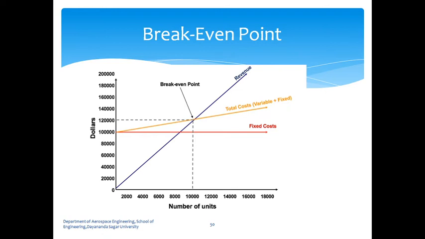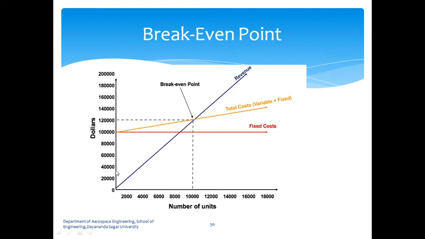Suppose you are producing 10 units, then whatever material is required depends on how many units you are producing. But when you are making some product that requires some fixed machinery, you need to count it under the fixed cost. But if you are paying the labor based on the number of working hours, then you need to consider that under the variable cost.